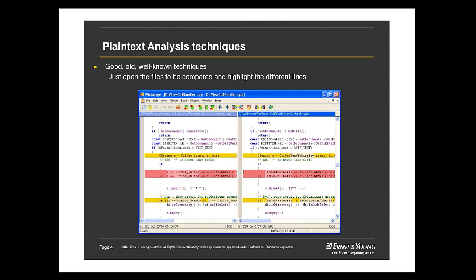First of all, let's revisit some of the old, well-known techniques of file analysis. Plaintext analysis are very well-known techniques. They are often used to debug code, look at log files, check for errors, etc. It's really simple. Just open two files and go line per line and say, oh yeah, there's a difference there.